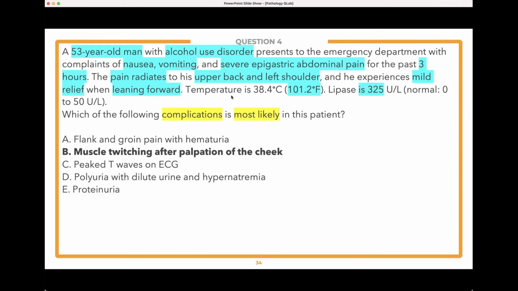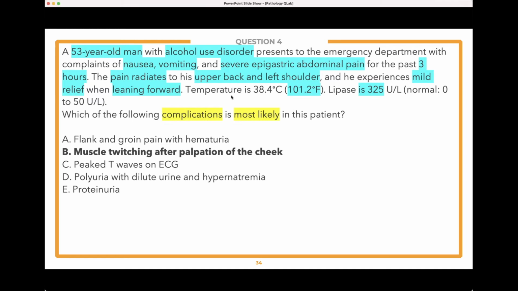So proteinuria, kind of a red herring here, not too much going on there. Polyuria with dilute urine, that's actually seen with hypercalcemia, not hypocalcemia. Peaked T waves, that's associated with hyperkalemia. Okay, so potassium, not what's going on here.